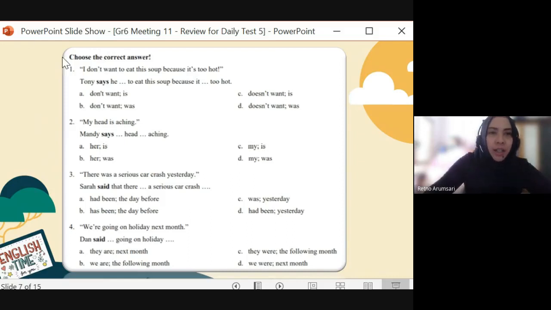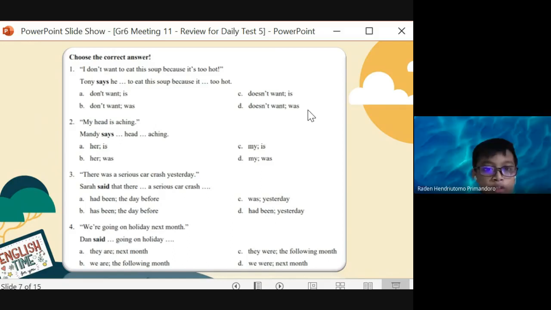Okay. Now, you change I into he, right? It means that you need to make "don't" agree with he. So, what do you change it into? Doesn't. Yes. So, he doesn't want to eat this soup because it is too hot.